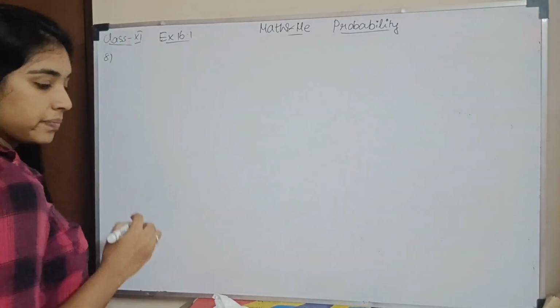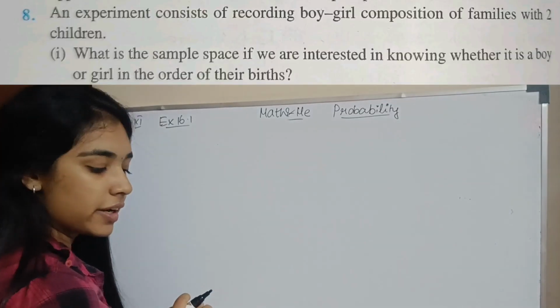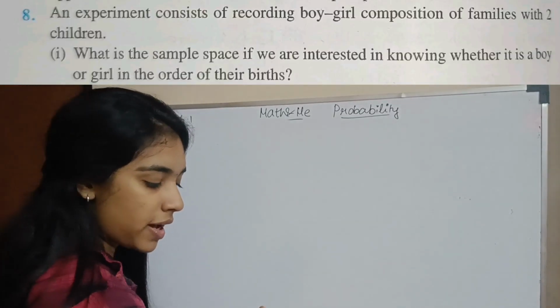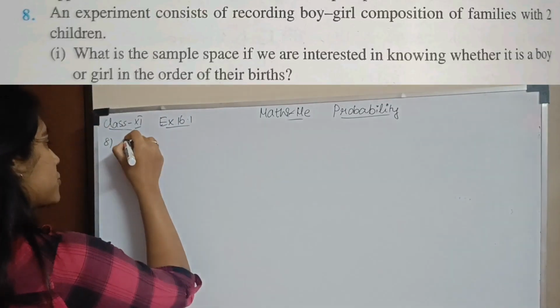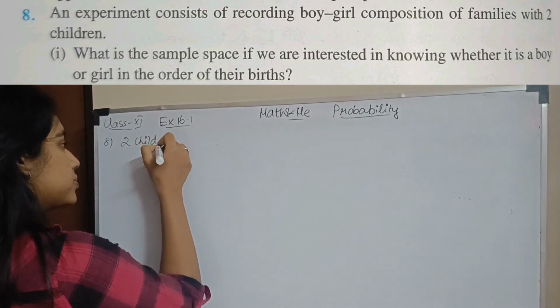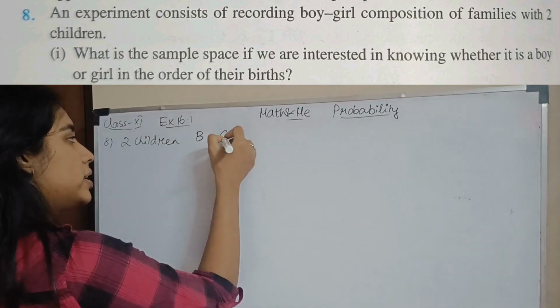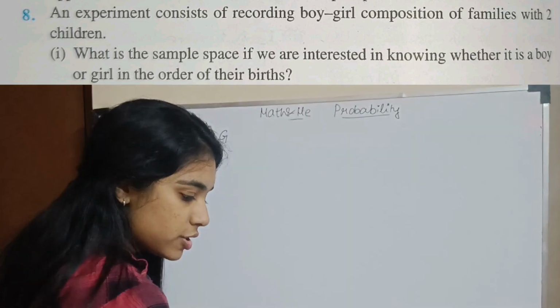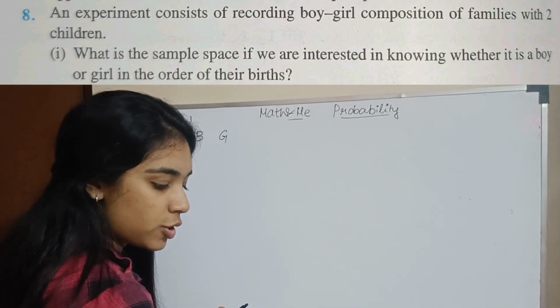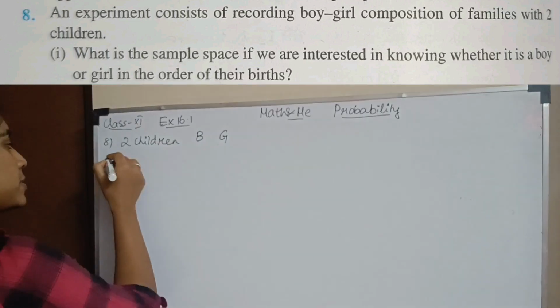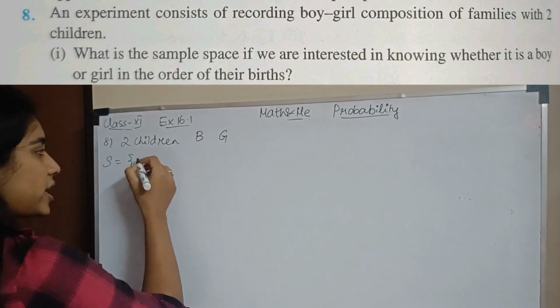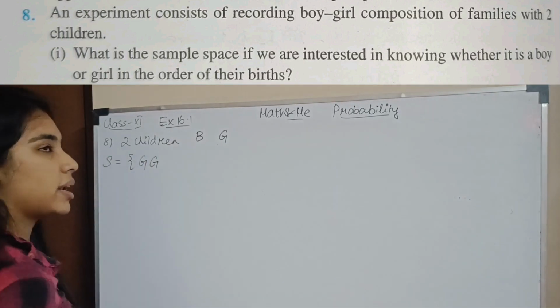Question number 8. An experiment consists of recording boy-girl composition of families with 2 children. So the total number of children is 2, and each is a boy or a girl. What is the sample space if you are interested in knowing whether it is a boy or a girl? The first child can be a girl and the second a girl.